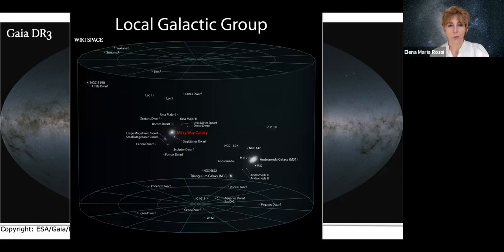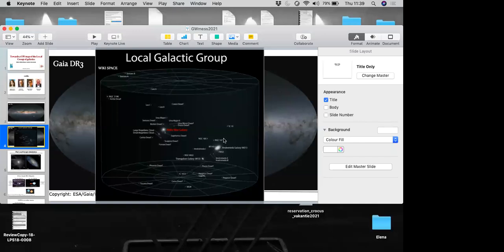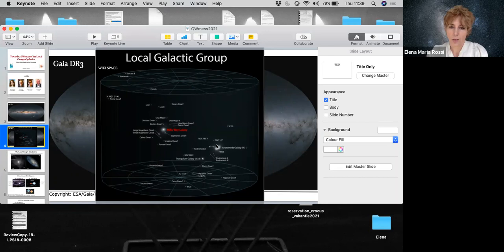For a more informative 3D map of the local group, we can see here the Milky Way, again the Andromeda Galaxy. Do you see my pointer? Yes, we do. Okay, so here again the Andromeda Galaxy, the Triangulum galaxy, this is the small and large Magellanic Cloud.